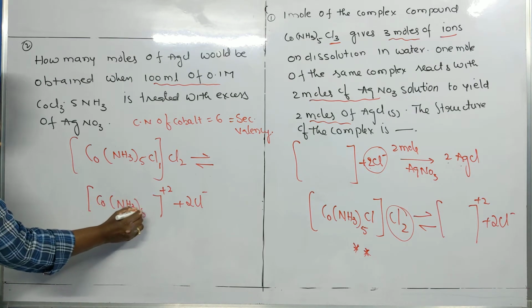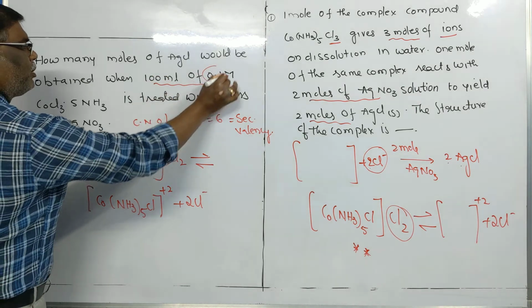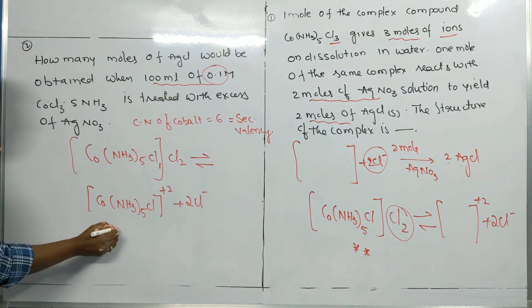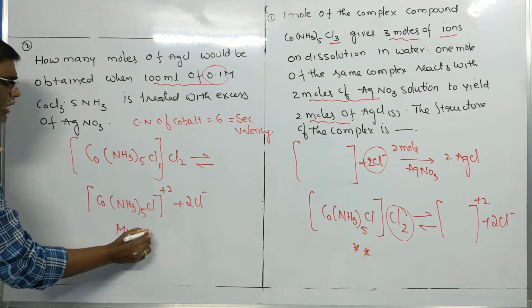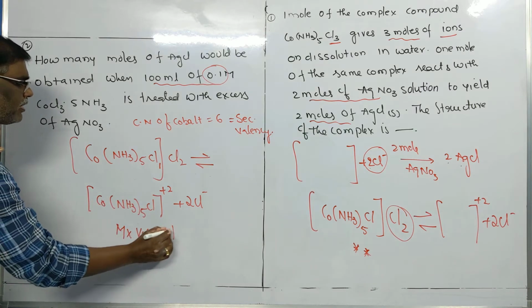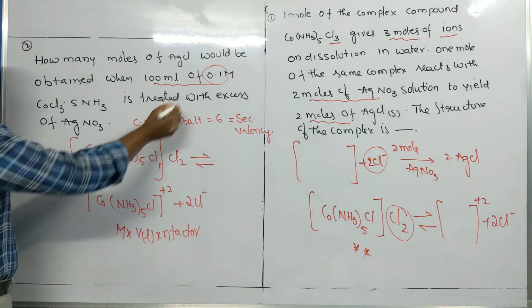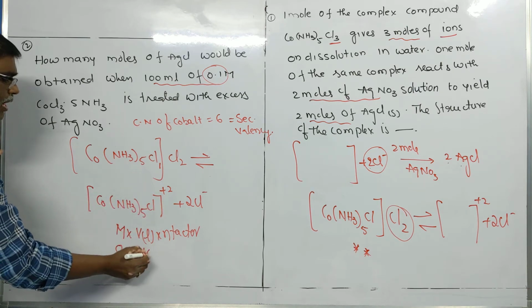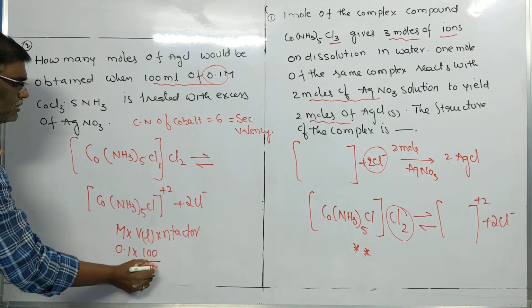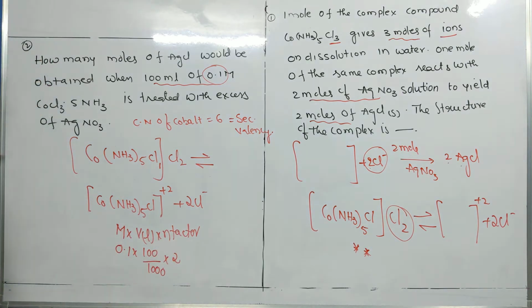Now how many moles of precipitate can it form? The measurements are 0.1 molar. Molarity into volume in liters into N factor gives the moles of precipitate. The molarity is 0.1, volume is 100 by 1000, and there are 2 chlorides, so the N factor is 2.